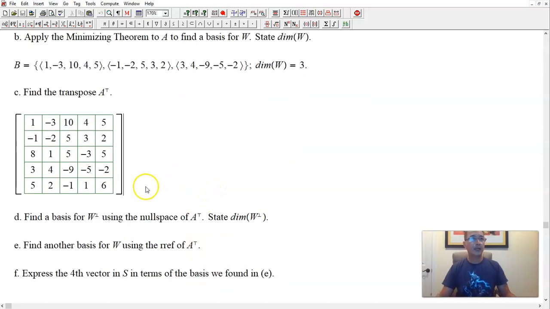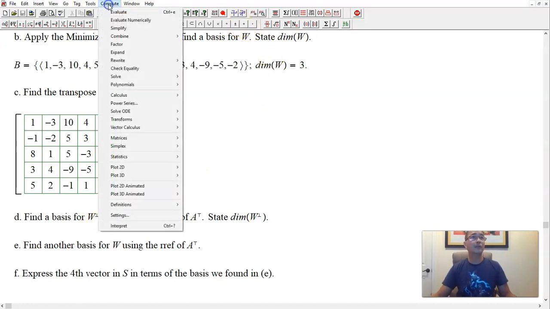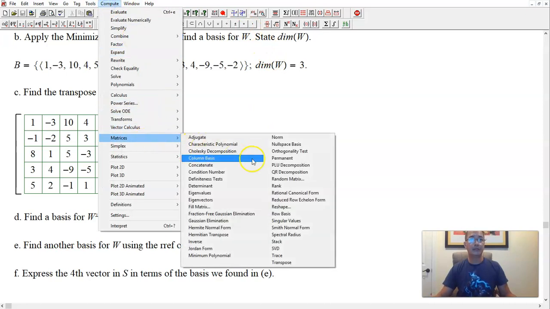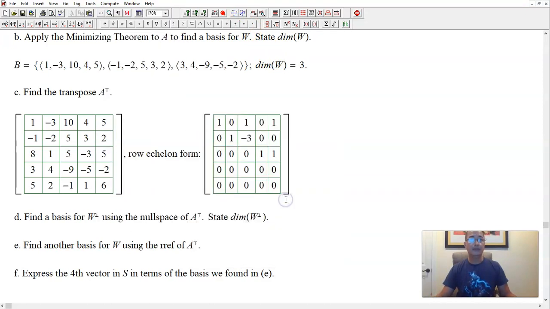Okay, so now we are ready to find the null space of the transpose, and that will help us get a basis for the orthogonal complement. Compute matrices REF. Okay, so of course the rank is the same.